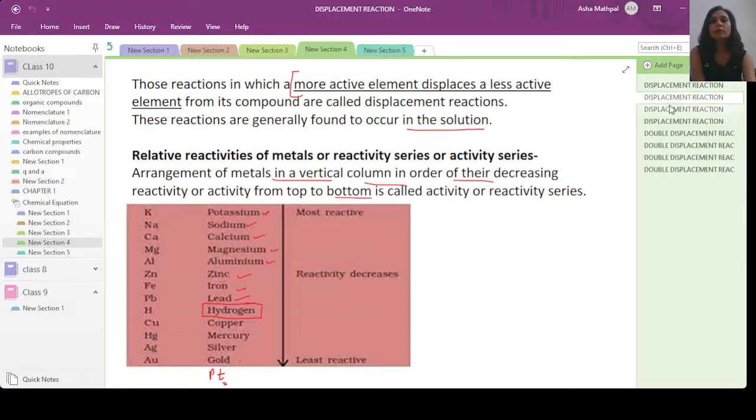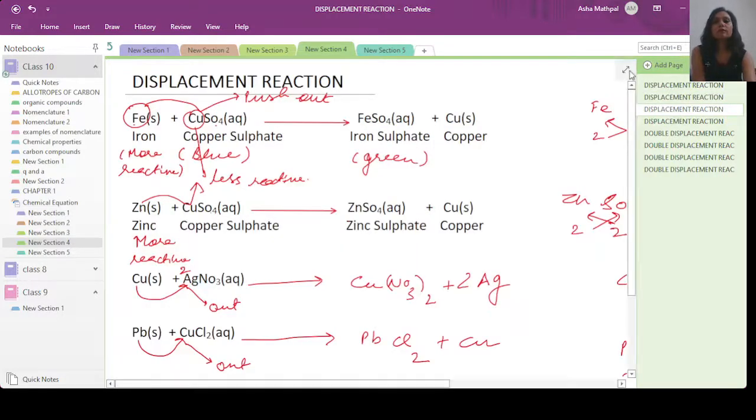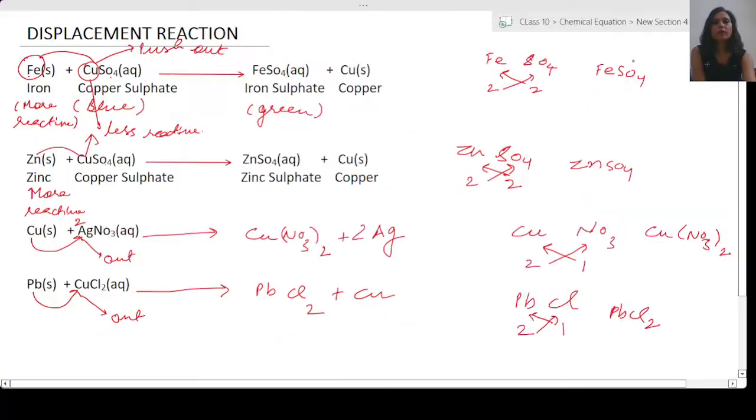So if you put silver in copper sulfate, for example Ag plus CuSO4, then such a reaction will not occur because silver is weak. It is weak, so it cannot displace copper.